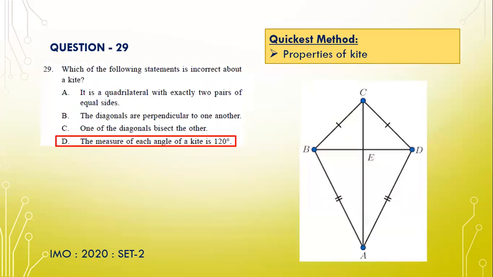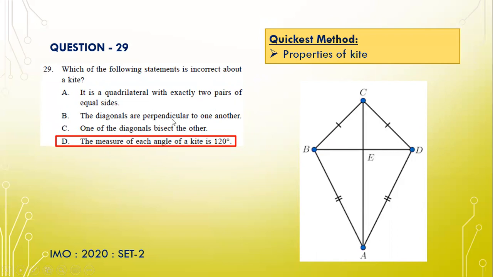Which of the following statements is incorrect about a kite? It is a quadrilateral with exactly two pairs of equal sides, which is correct. Quadrilateral, a polygon having four sides, 1, 2, 3, and 4, four sides with exactly two pairs of equal sides, which is true. This is equal, CB is equal to CD and BA is equal to AD, isn't it?